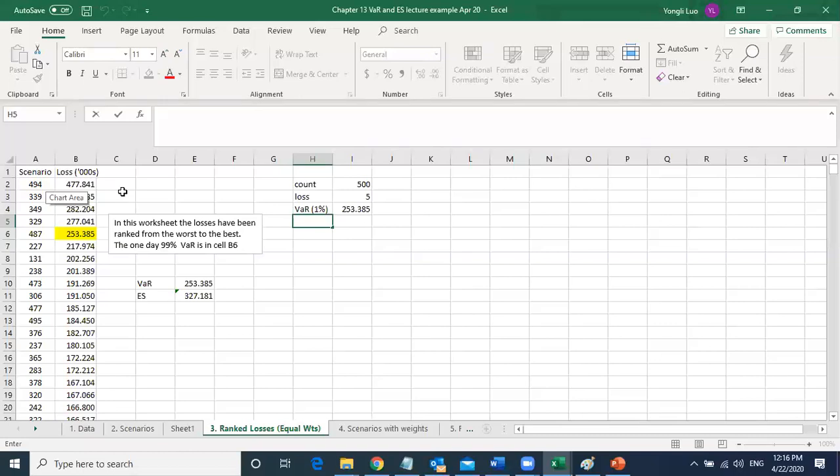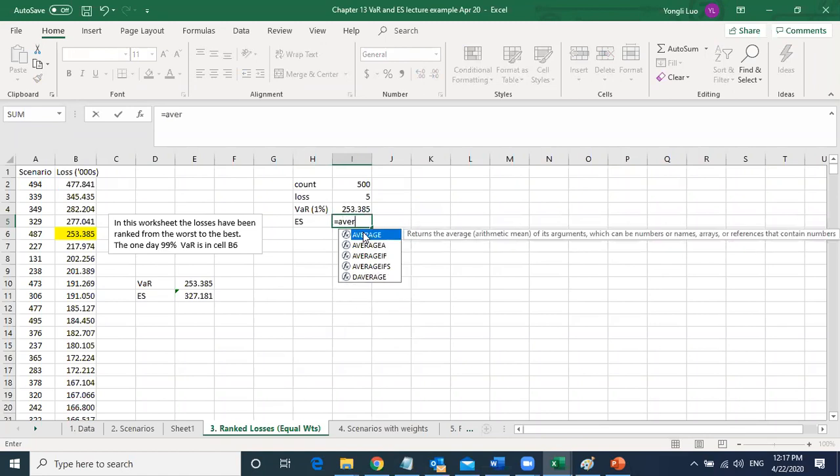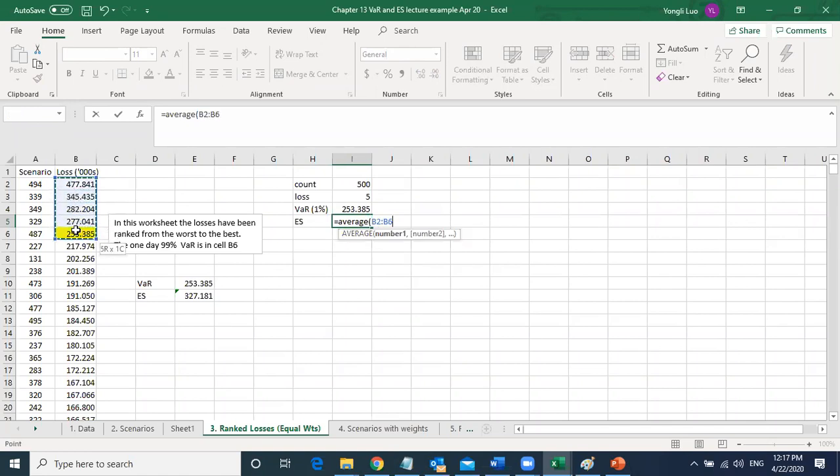And what about your expected shortfall? How do you calculate expected shortfall? Expected shortfall is the average of the biggest losses, up to that 1%.